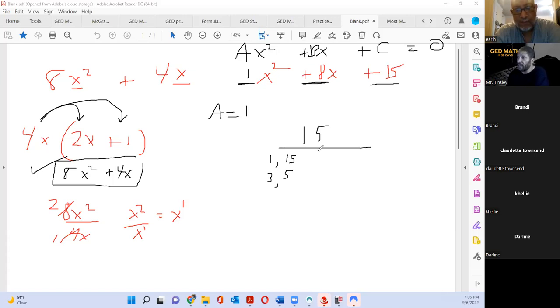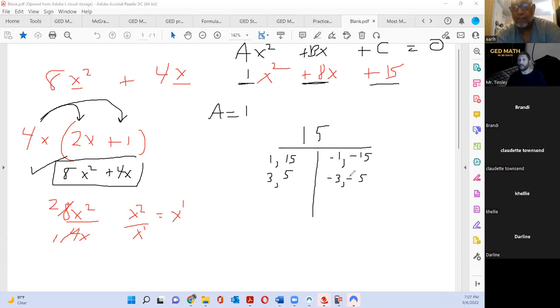Now on the other side, we reverse the signs: instead of positive 1, -1; instead of positive 15, -15; instead of 3 and 5, -3 and -5. I had to do both sides because -1 times -15 is also a positive 15.